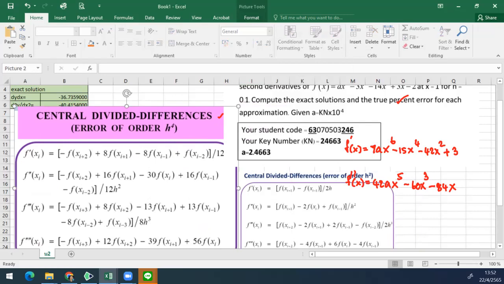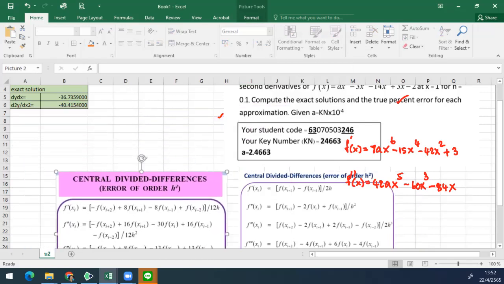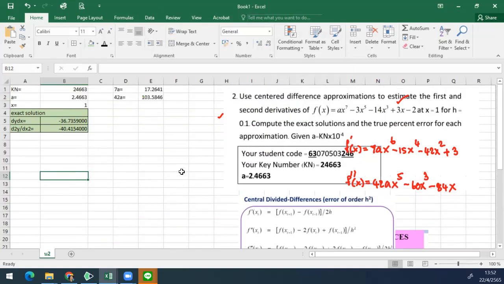So then we have to prepare our data first, until x plus 2 and x minus 2.